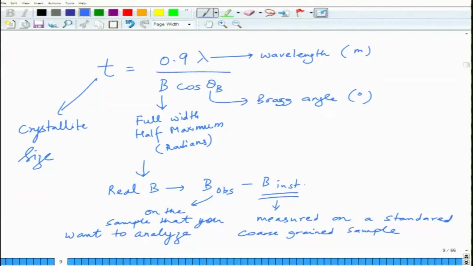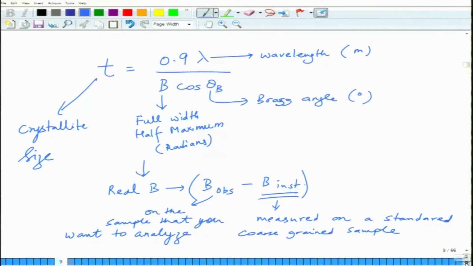So this is very important that you carry out the subtraction of instrumental broadening, otherwise the estimation of broadening or estimation of grain size may be wrong, okay. So most people make a mistake in this analysis.